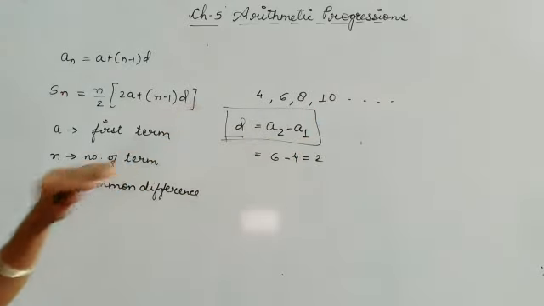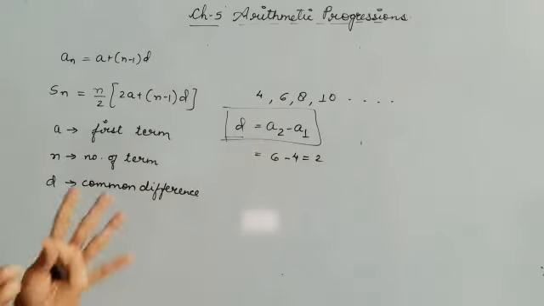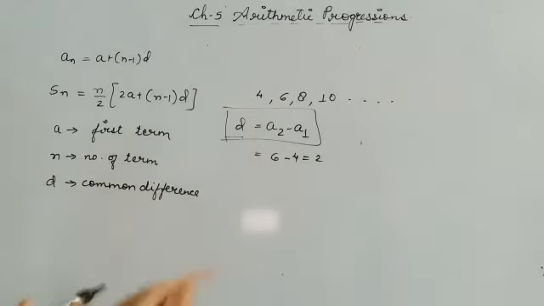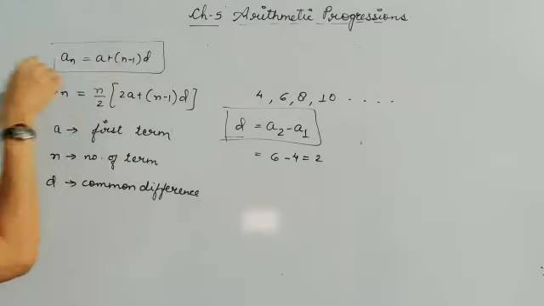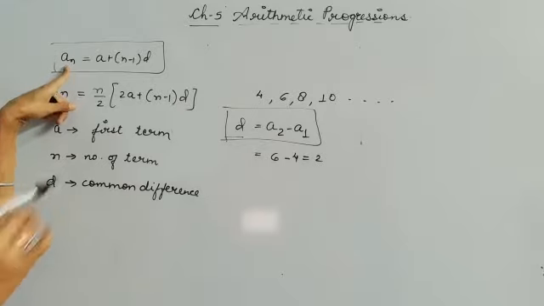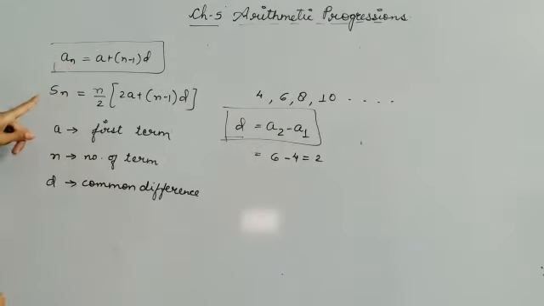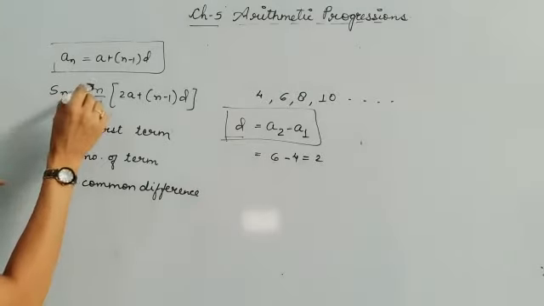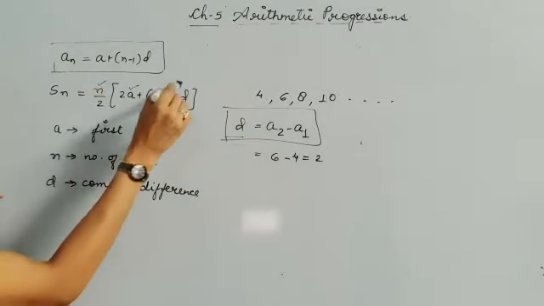Alright, so just now I told you that this chapter revolves around just two formulae. One is your a_n term, which is the nth term, that means the last term. This a_n is also known as the last term of the given progression, and here it is the sum of n terms. So in this I have three variables, n, a and d.